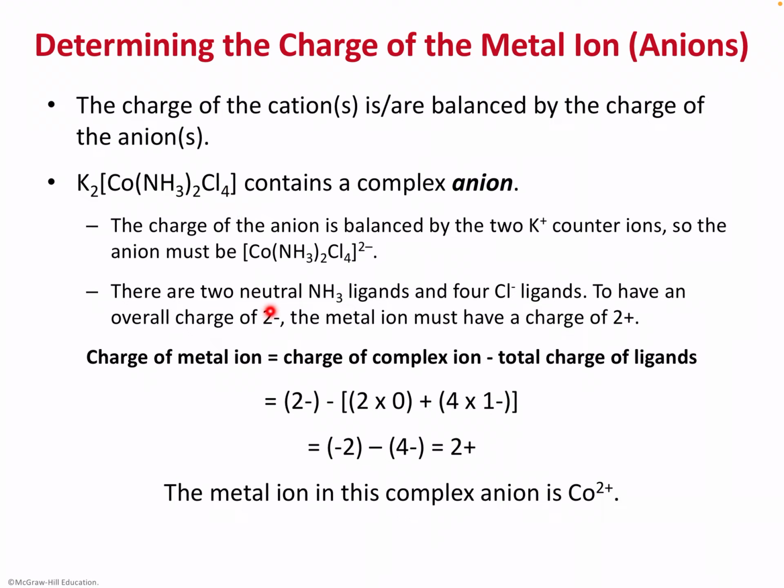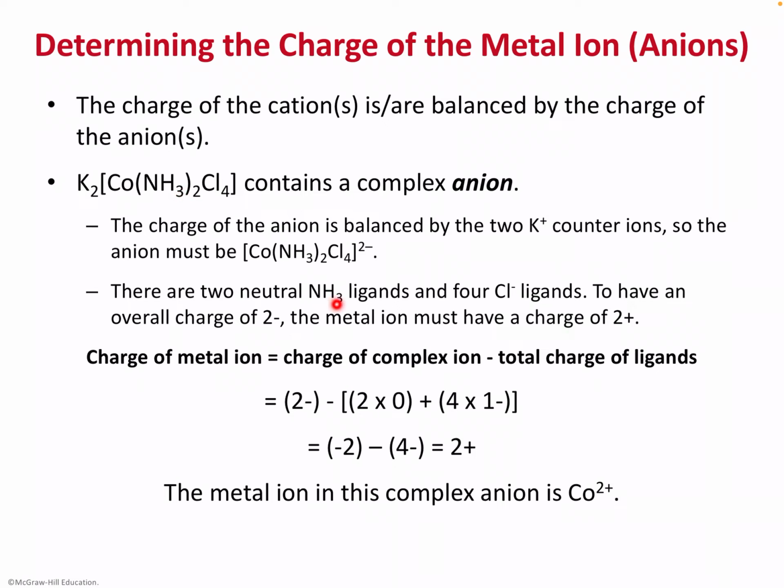There are 2 neutral ammonia ligands here. Now this slide shows you how to determine the charge of the metal ion in anions. Ammonia is a neutral ligand, you can refer to the chart I showed you, and chloride is -1.